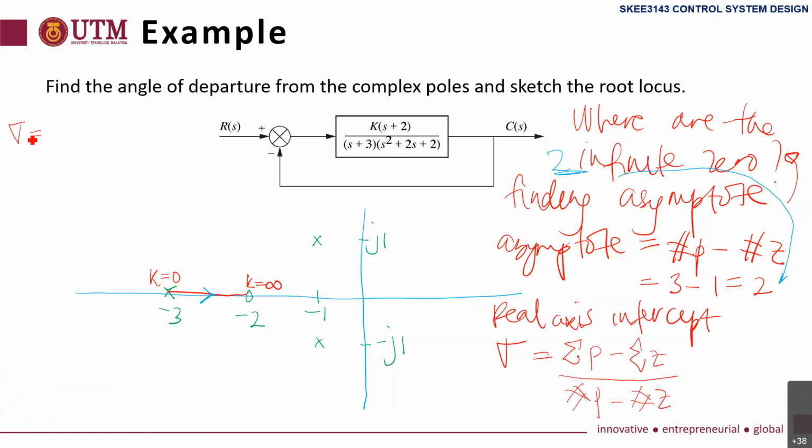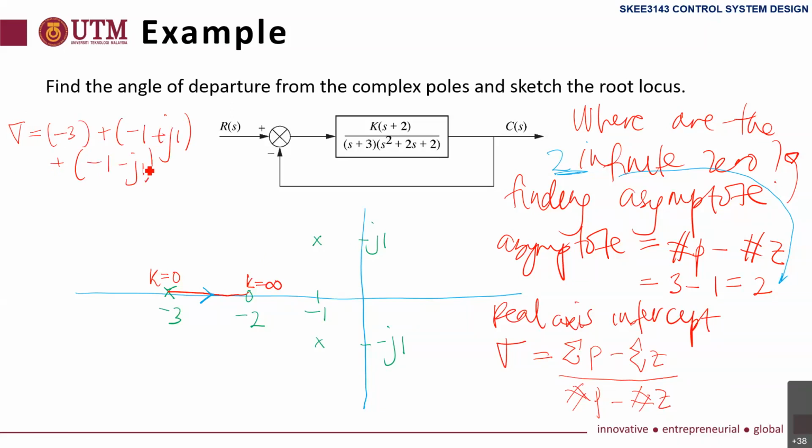Total of poles means we add all the poles. All poles I have: minus 3, plus another pole, minus 1 plus j1, plus minus 1 minus j1.